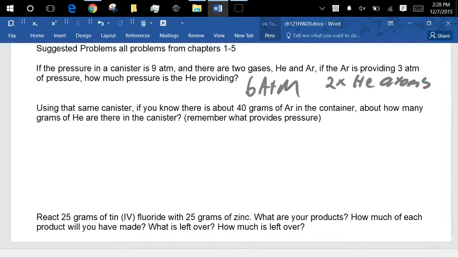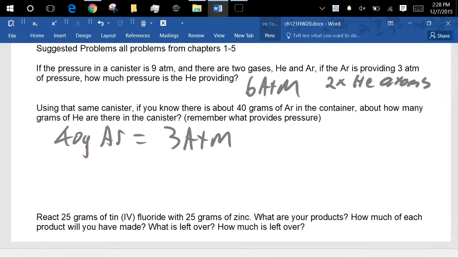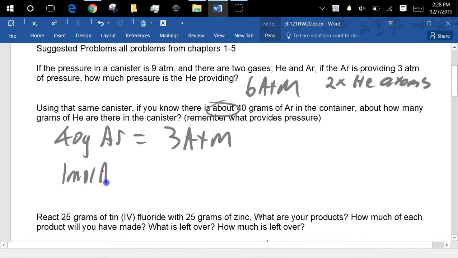Okay, so if in a container I've got 40 grams of argon, and that equals 3 atmospheres, well, what does 40 grams of argon equal? Approximately, because I said about with this one. It's about a mole. The molar mass for argon is like 39.9 something or other. So this is about 1 mole of argon.